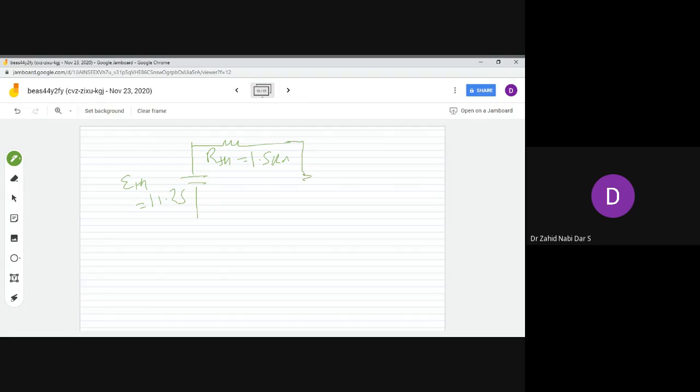Now this is your variable resistance, RL is equal to 0 to 5 kilo ohms. Now if you want to check the value of IL, that would be E Thevenin divided by R Thevenin plus RL. So this is basically the superposition theorem and the Thevenin's theorem.